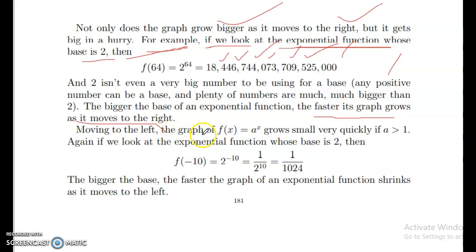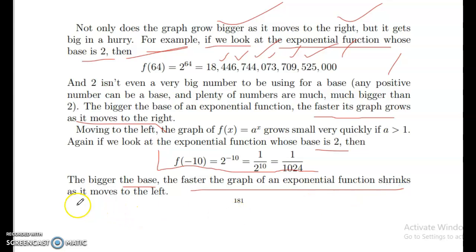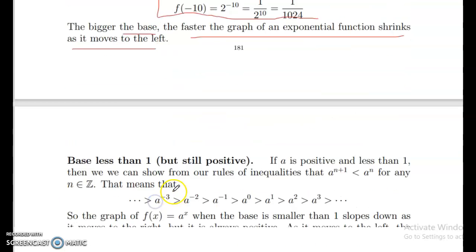Moving to the left, the graph of f of x equals a power x grows small very quickly if a is greater than 1. Again, if you look at the exponential function whose base is 2, then f of minus 10 equals 2 power minus 10, which equals 1 by 2 power 10, which is 1/1024. The bigger the base, the faster the graph of an exponential function sinks as it moves to the left.